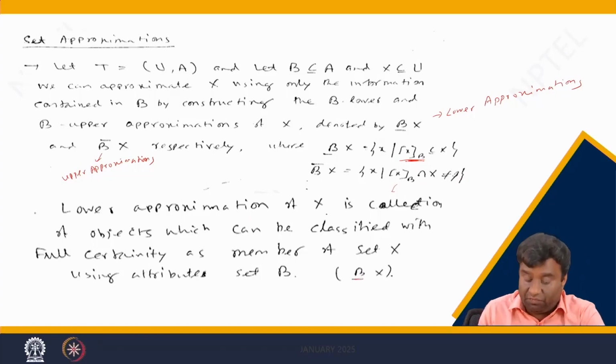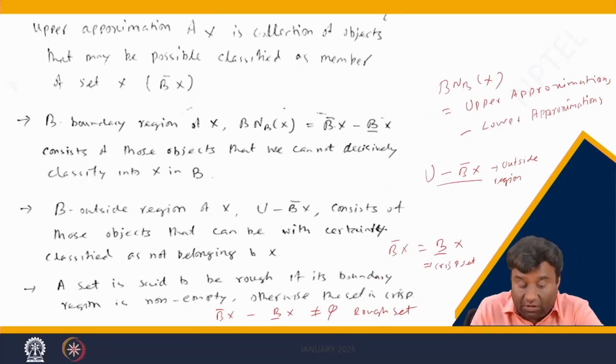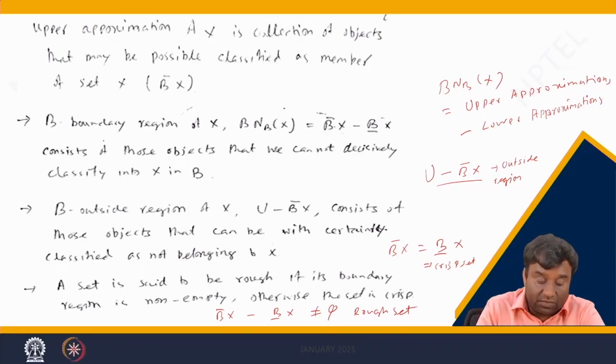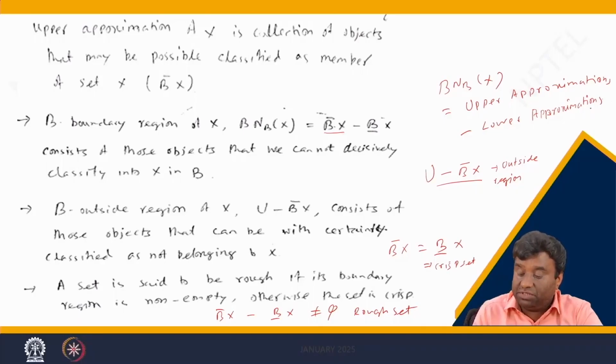So the lower approximation of X is the collection of objects which can be classified with full certainty as members of set X using attribute set B. So that is B underline X, and the upper approximation of X is the collection of objects that may possibly be classified as members of set X, that is B overline X. The boundary region of X is the difference between the upper approximation and the lower approximation, meaning those that are present in the upper approximation but not in the lower approximation.